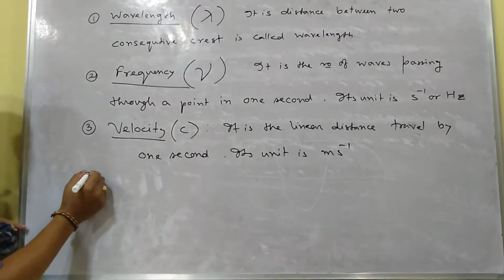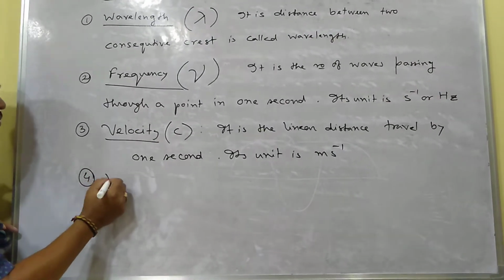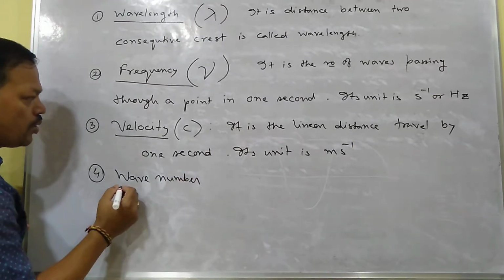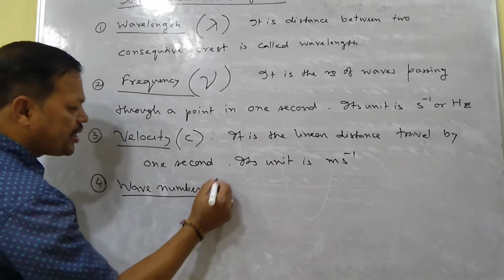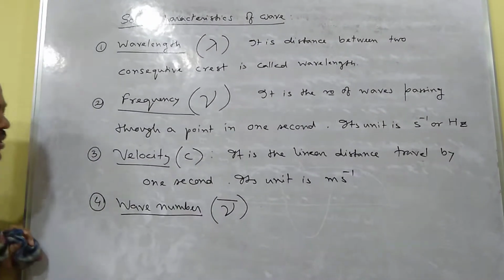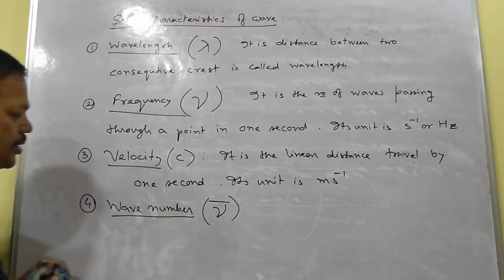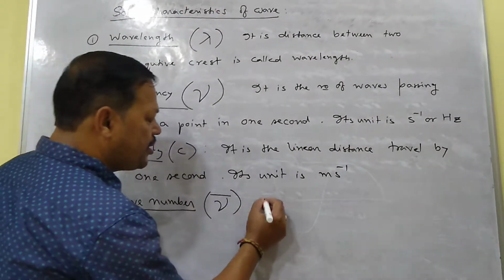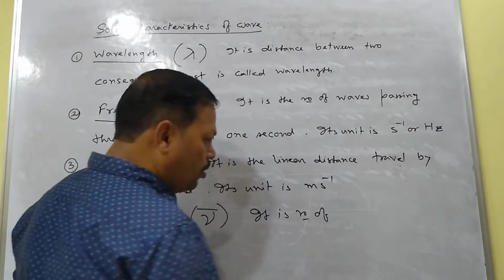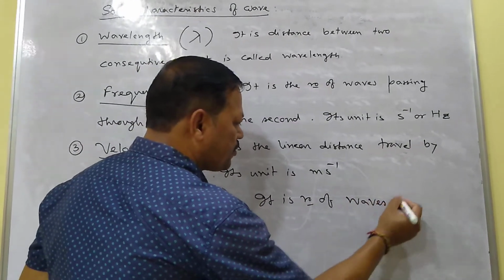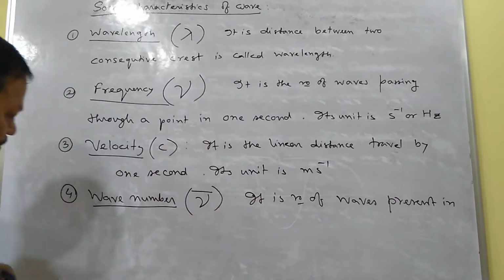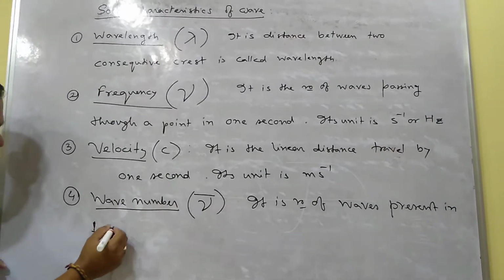Another property of the wave, number 4, is called wave number. Wave number is represented by the symbol mu, with a bar over it. Mu bar is the symbol of wave number. And what is wave number? It is the number of waves present in 1 centimeter length.